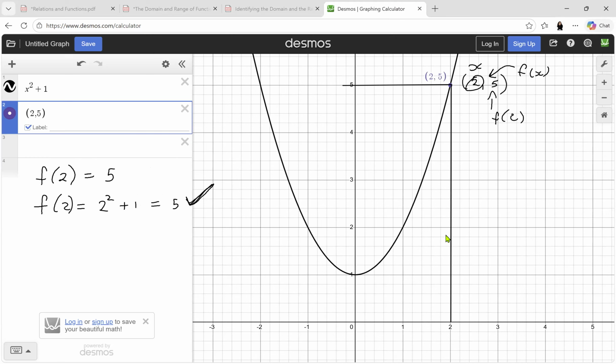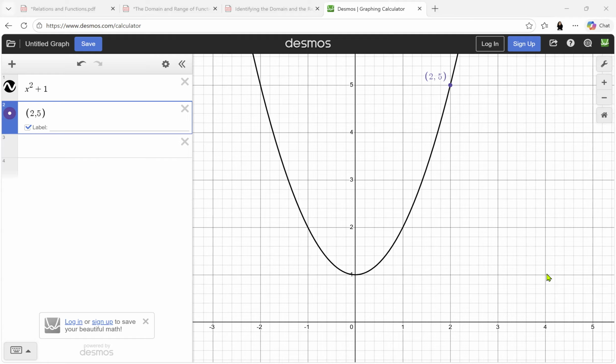Good. Zappy, what is f of 1? Yes, f of 1 is equal to 2.